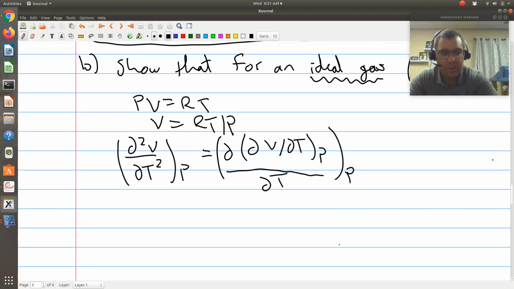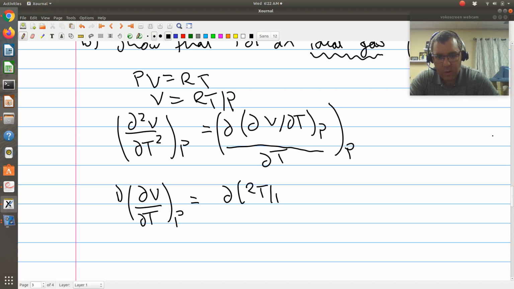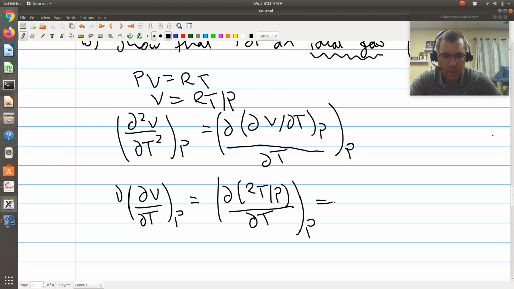So first, let's calculate dV/dT at constant P. Well, that's going to be the derivative of RT over P with respect to T at constant P. P is being held constant, and R is my molar gas constant, which is constant.